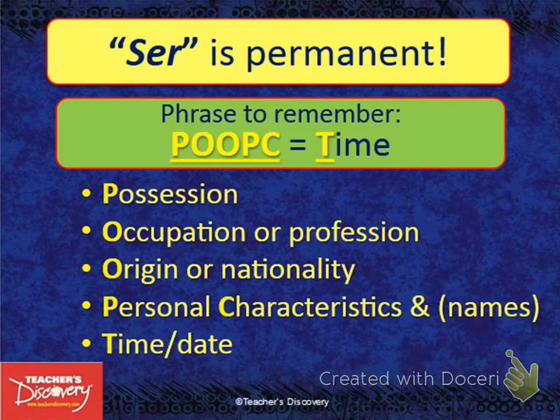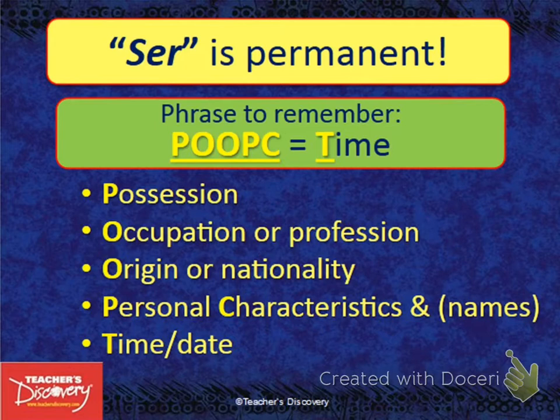How do we tell time? What do we always start with? Es la or son las. So that's one of the, even though ser is more permanent, you can't always say permanent-temporary is the difference between the two verbs. You always have to come back and look at why each one is used and when to use each one. And for date, does anybody remember how to ask what the date is?